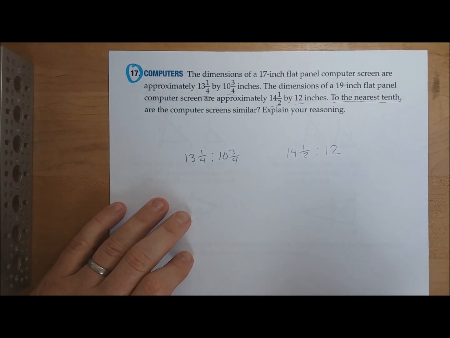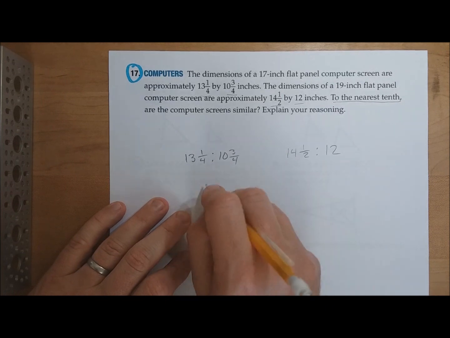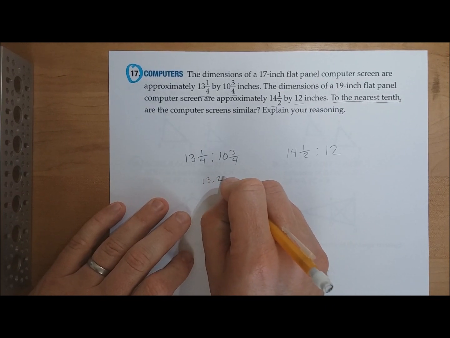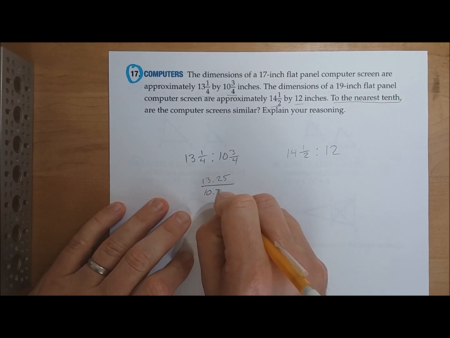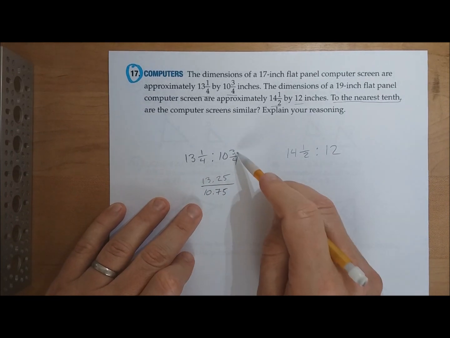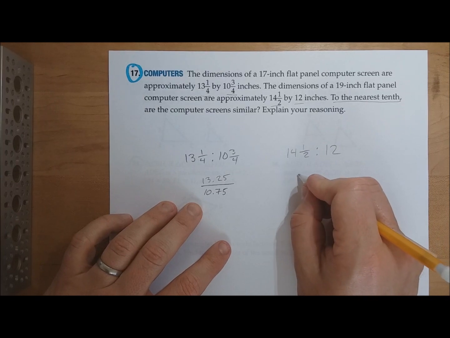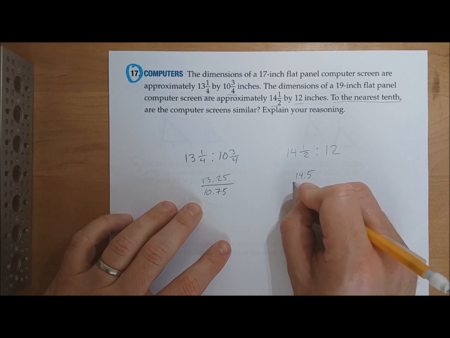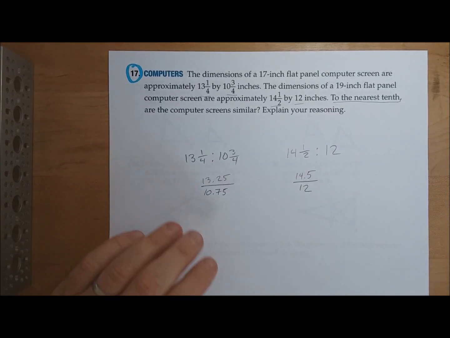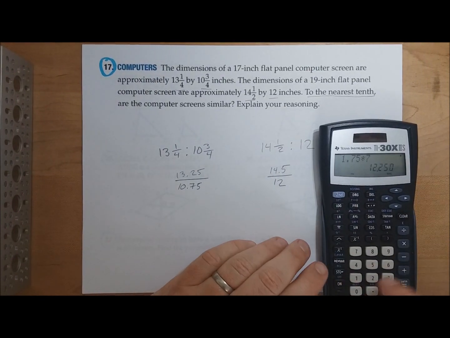Okay, and let's see what we get when we do this. It's 13.25 over 10.75, right? That's another way to write that ratio. Let's see if that is equal to 14.5 over 12. Okay, let's see what we get for each of these.